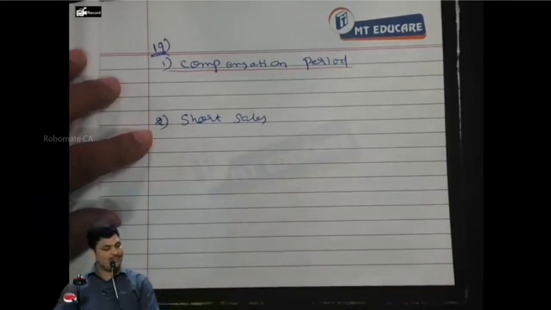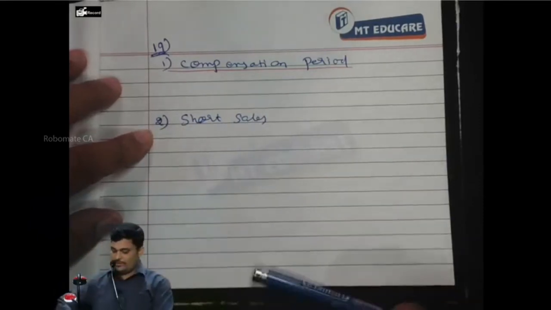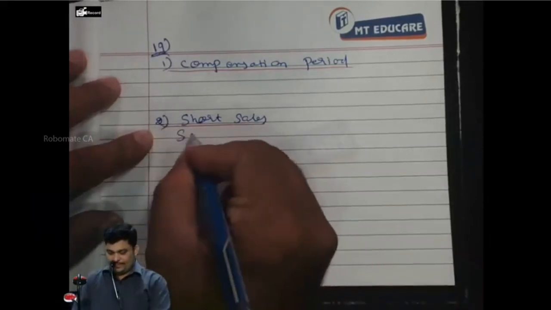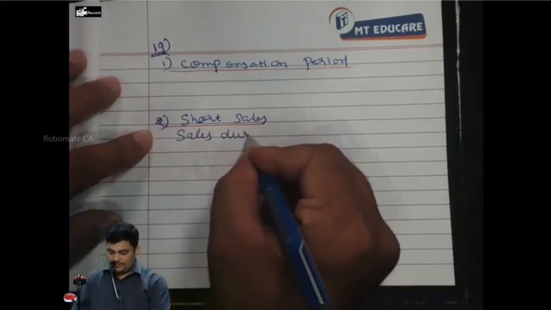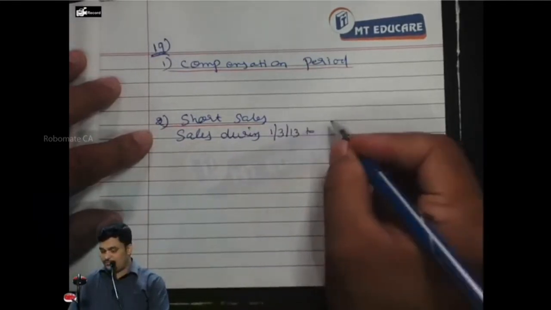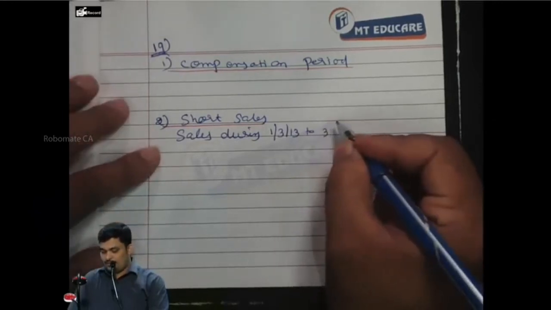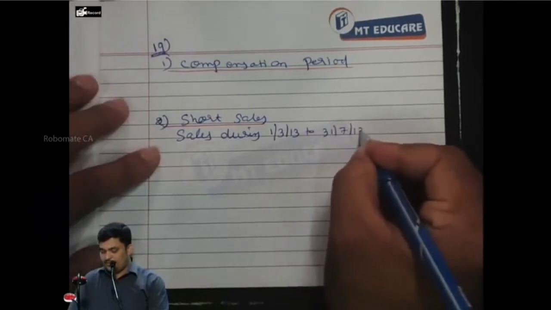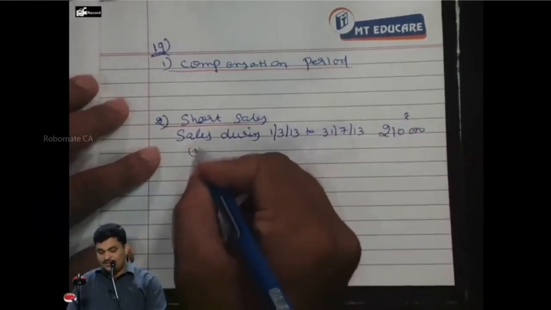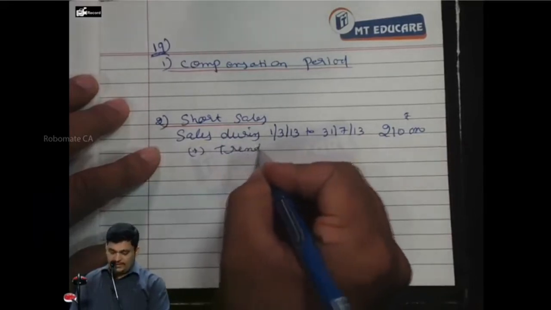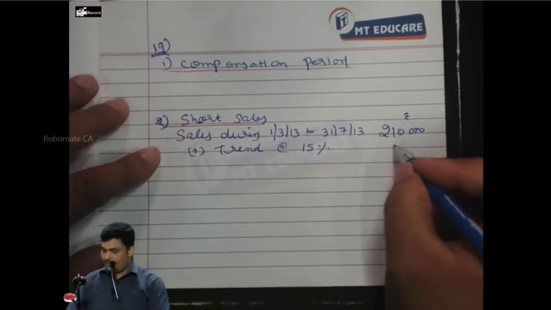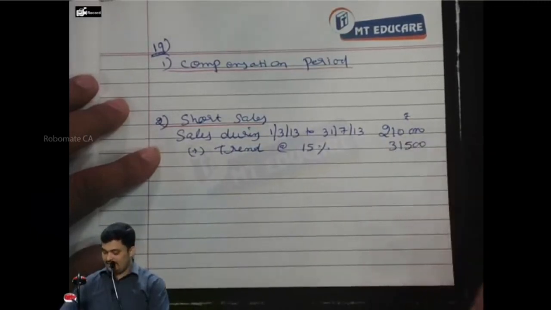Fire occurred on the same date, like the previous question, thereby I am not doing that again. Short sales: sales during 1/3/2013 to 31/7/2013 were 2 lakh. Now in this problem additionally we have a trend of 15%, which is 31,500.